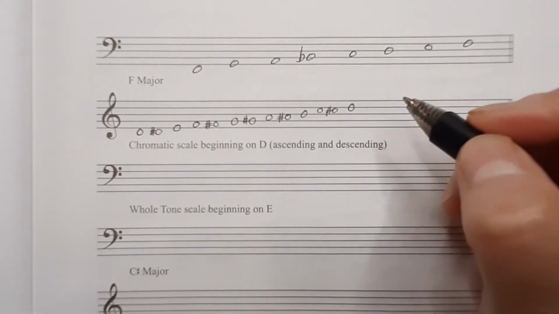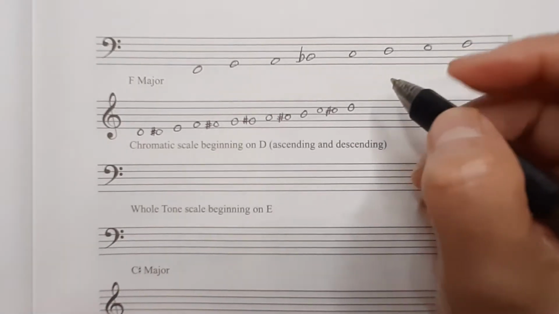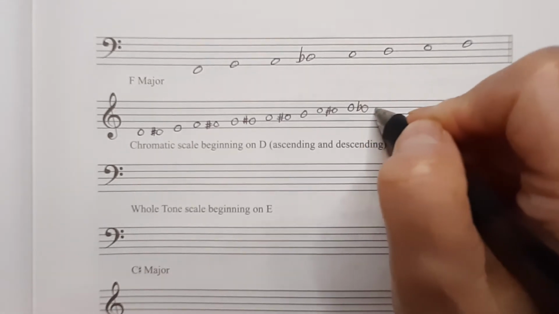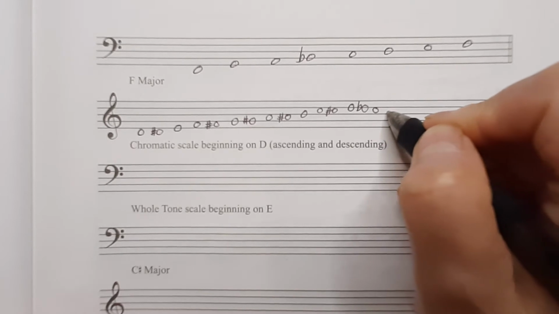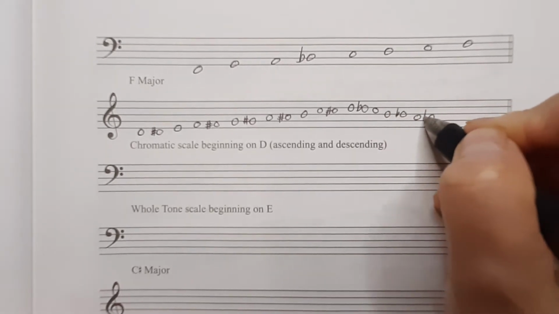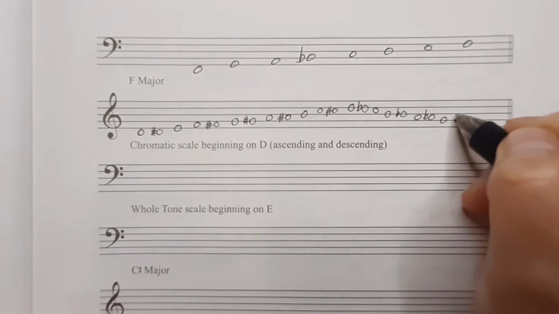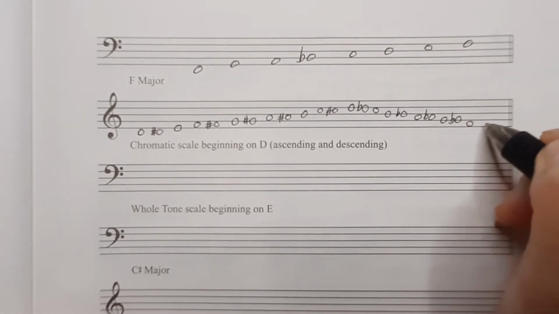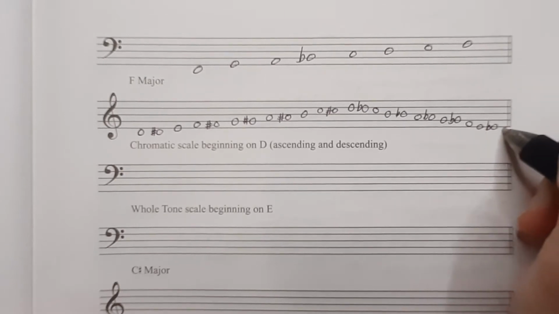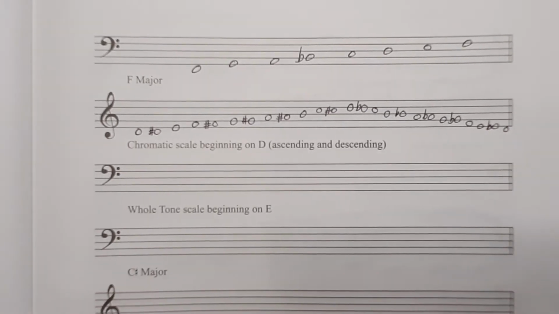What's a half step below D? It's a D flat, put the flat sign. C, now a half step below C is B, B flat, A, A flat, G, G flat, F, E, E flat, and D. Got it?